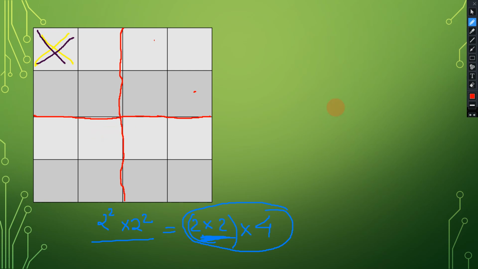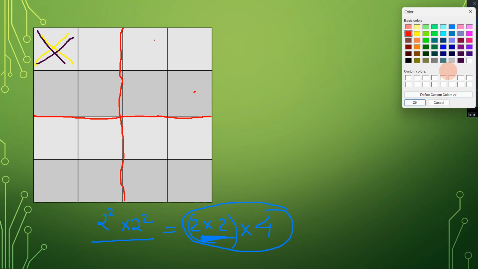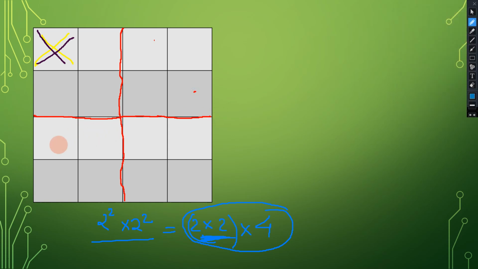So I will assume that we don't have this corner. If I don't have this one square in this 2 cross 2 checkerboard, then I can definitely tile it.